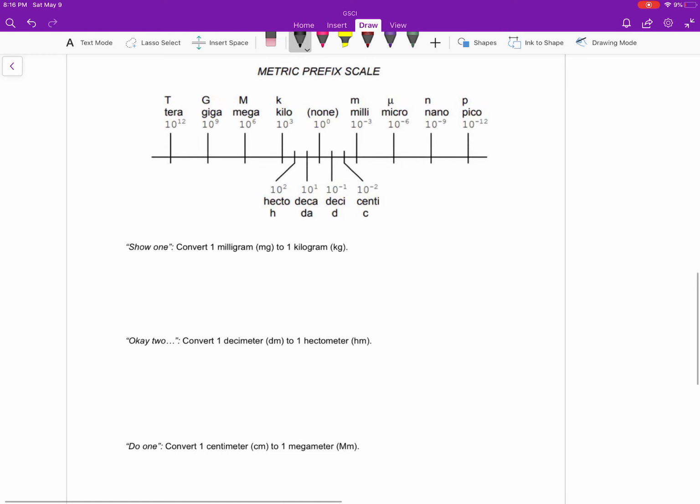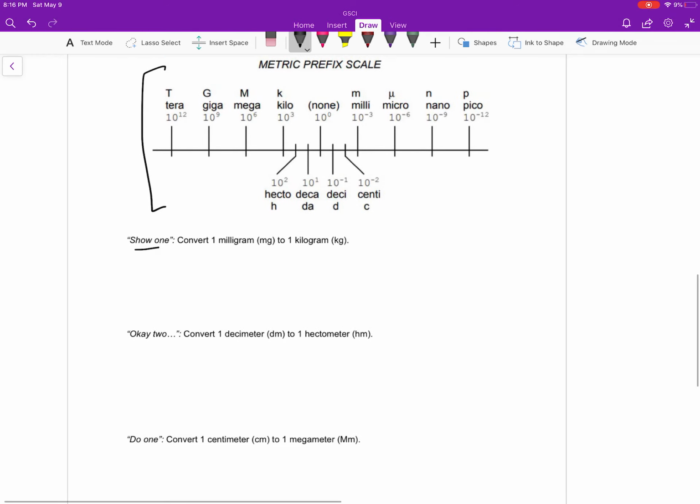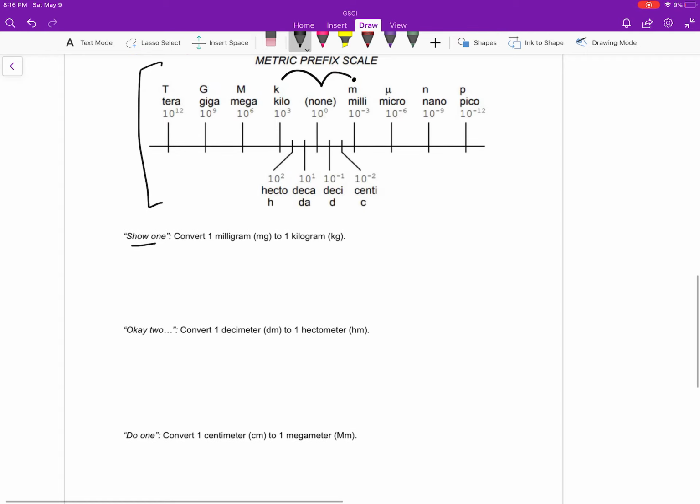In the metric prefixes, we're going to use our prefix skill from lecture. We're going to show 1. In this case, we're going to convert 1 milligram to 1 kilogram. So we are here, 1 milligram, and we're going to jump 1,000 and 1,000.